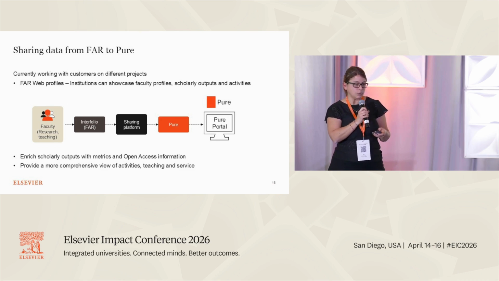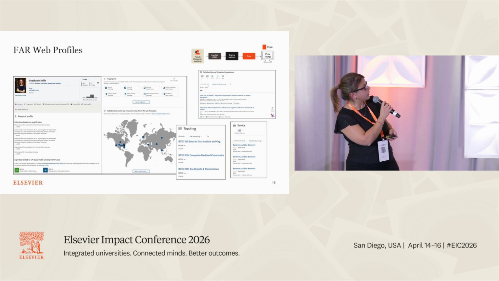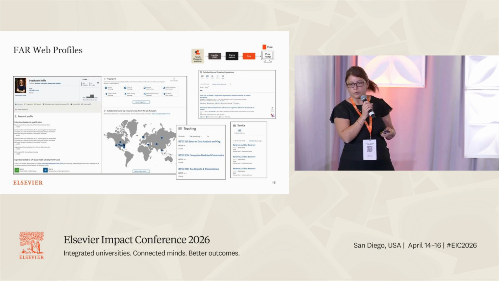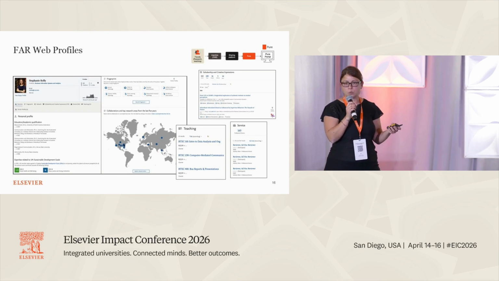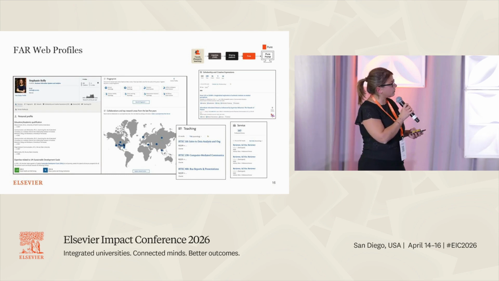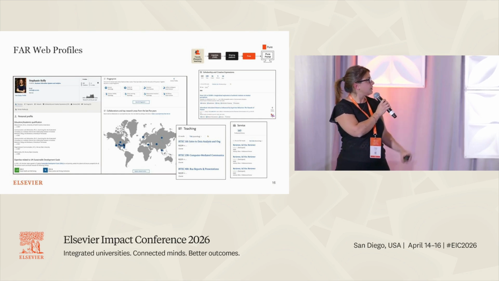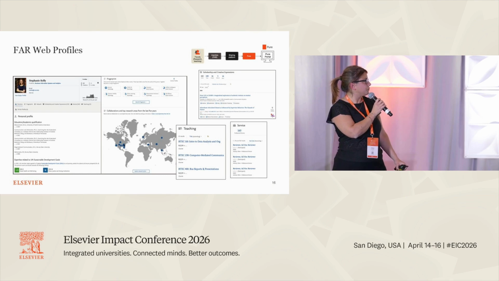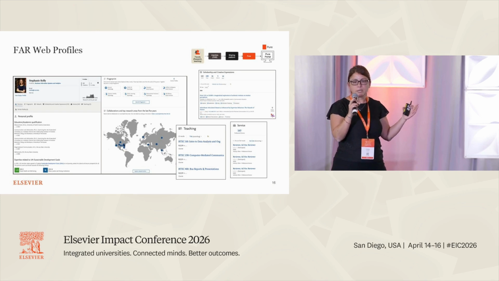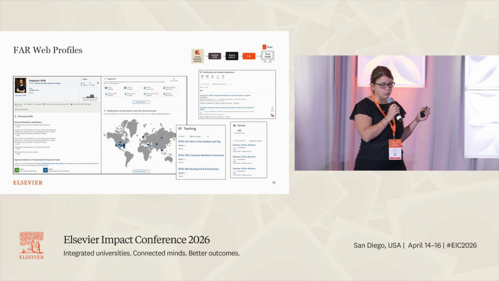And I want to show an example of the web profiles. So what you then can showcase on the portal. So what you see, can you see the image? I'll go through it. So this is an example of a faculty member, and you have a first initial page with an overview of her personal profile.